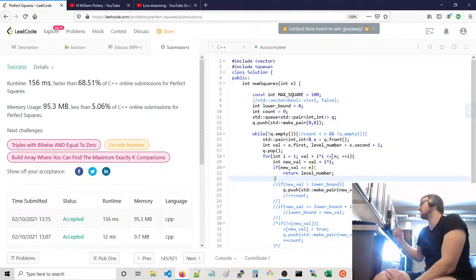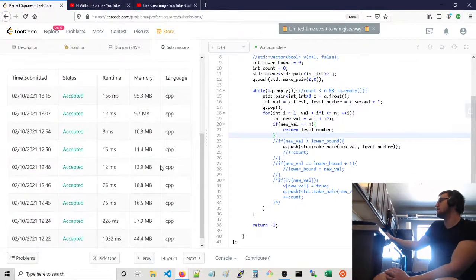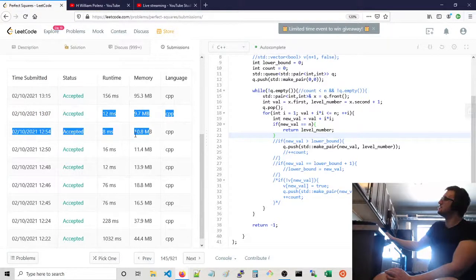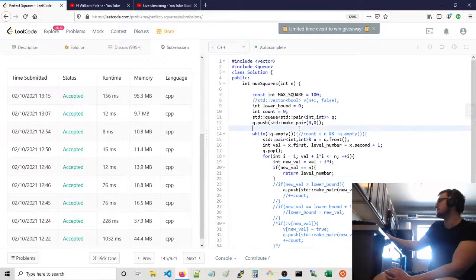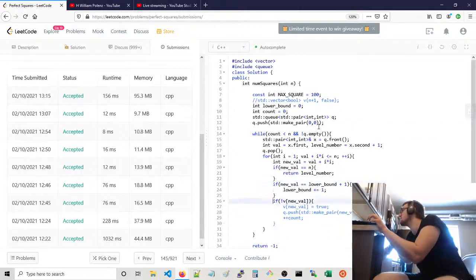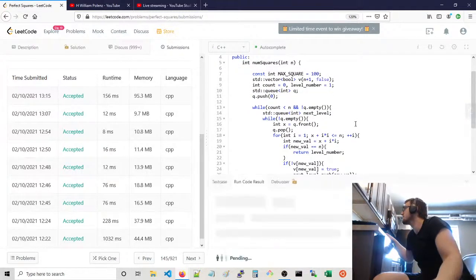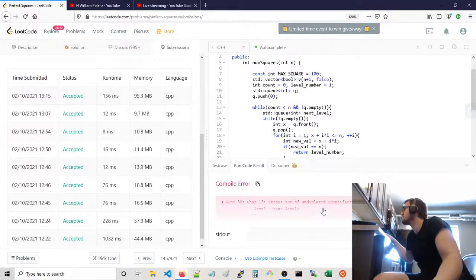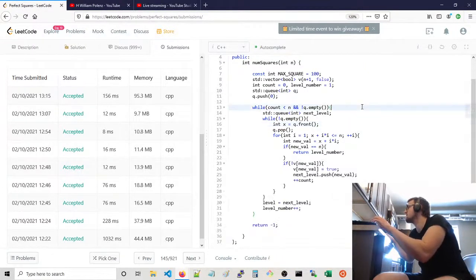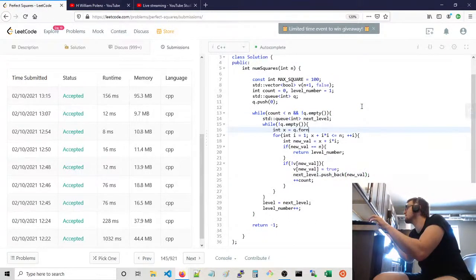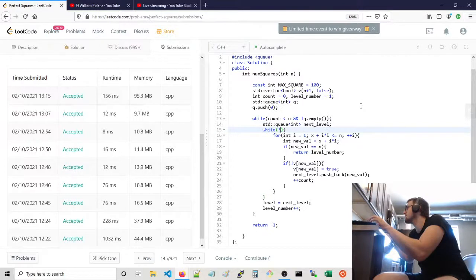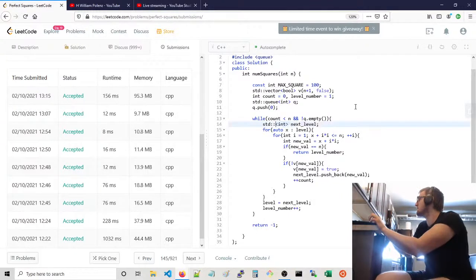I think I'll go back to this solution here. These two pairs and the levels or whatever it was. I'll use the levels in the queue. Is it this one? Oh, look at that.